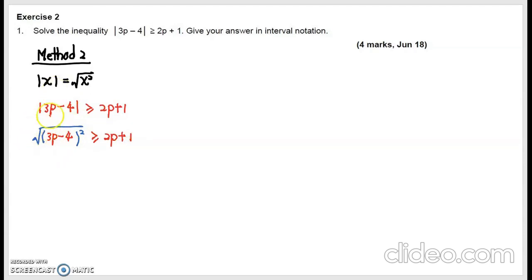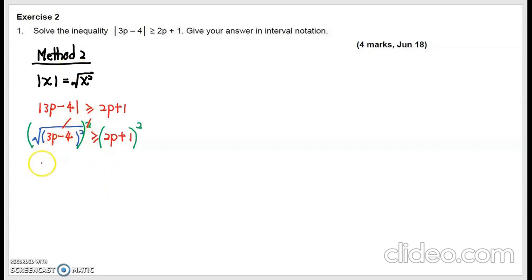From the square root, how are we going to eliminate the square root? What we should do is put a green color, square. When you square the left hand side, the right hand side we also have to square. So square root squared, we can cancel out.